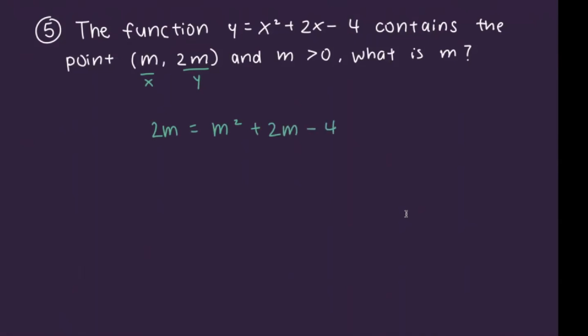We can subtract 2m on both sides, so we'll get 0 equals m squared minus 4. Now m can either be positive or negative 2. And the question said that m is positive, so m equals 2.